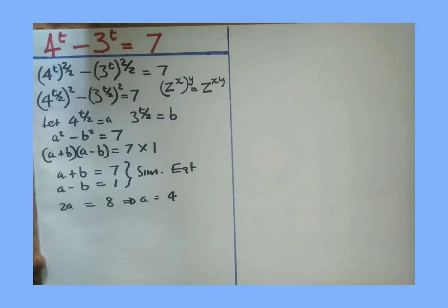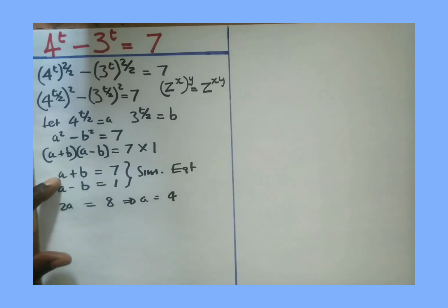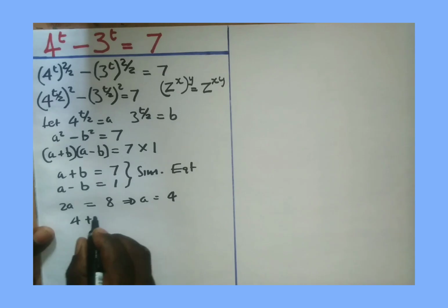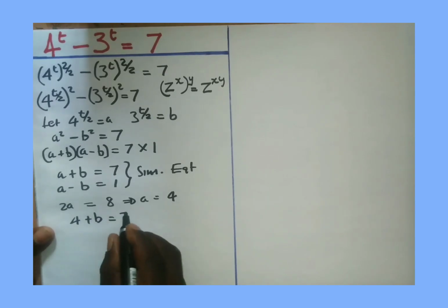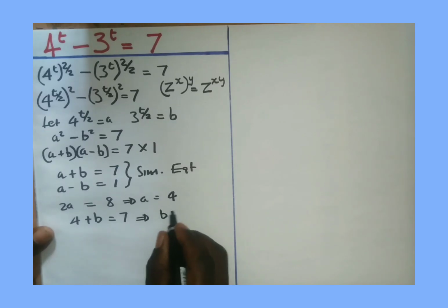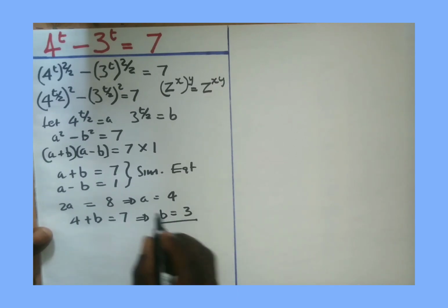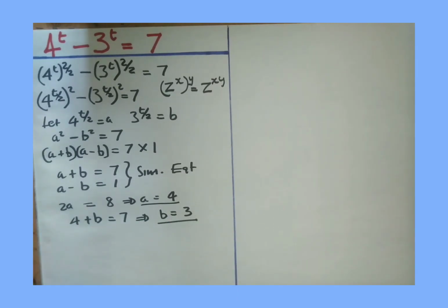Let's perform some back substitution. If a is equal to 4, we come back here and substitute for a. So we have 4 plus b is equal to 7, meaning that b is equal to 7 minus 4, which is equal to 3. So a is equal to 4, b is equal to 3.